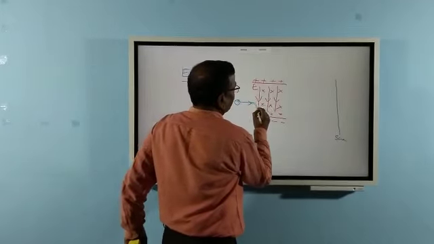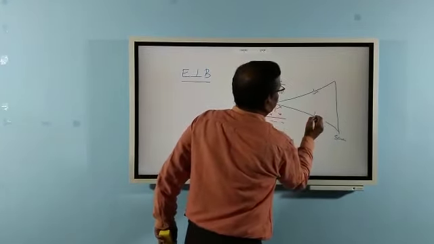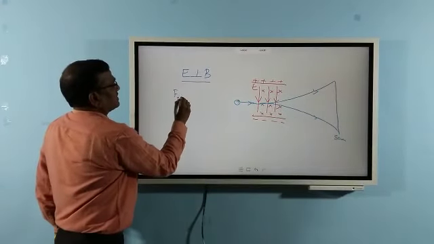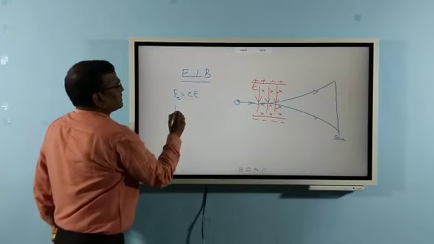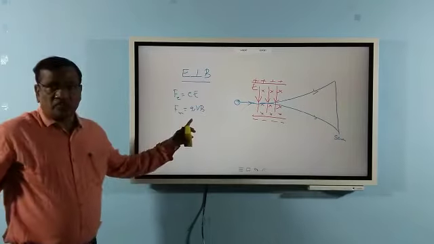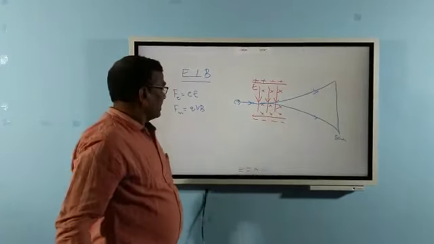So there is a deflection observed in the up and down direction based upon the domination of the force. The electrostatic force is qE, the magnetic force is qvB. Why am I writing qvB? Because the angle is exactly 90 degrees with the velocity vector.